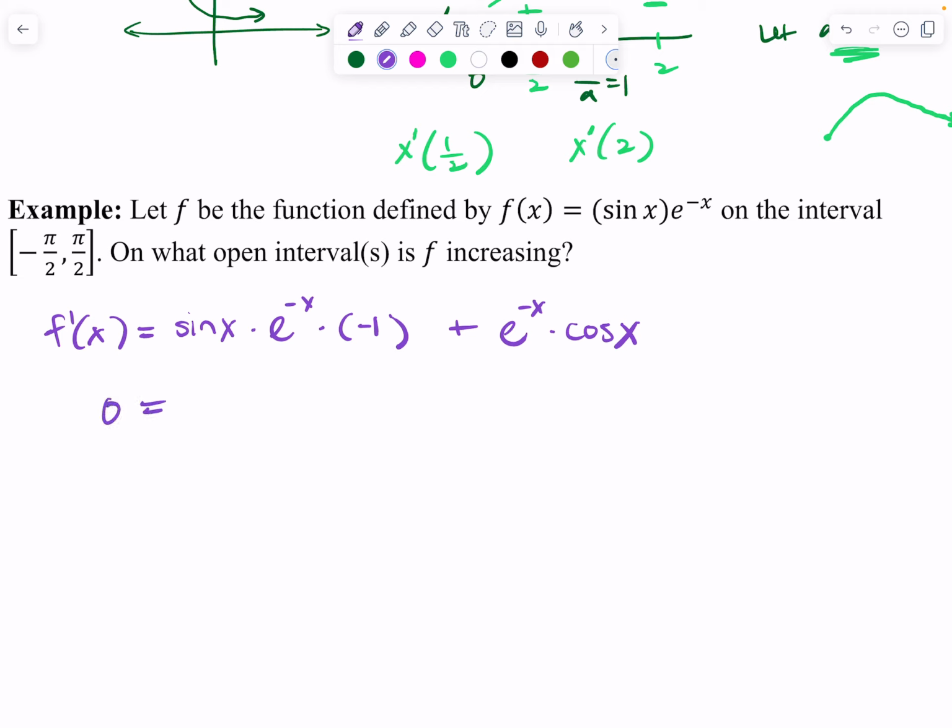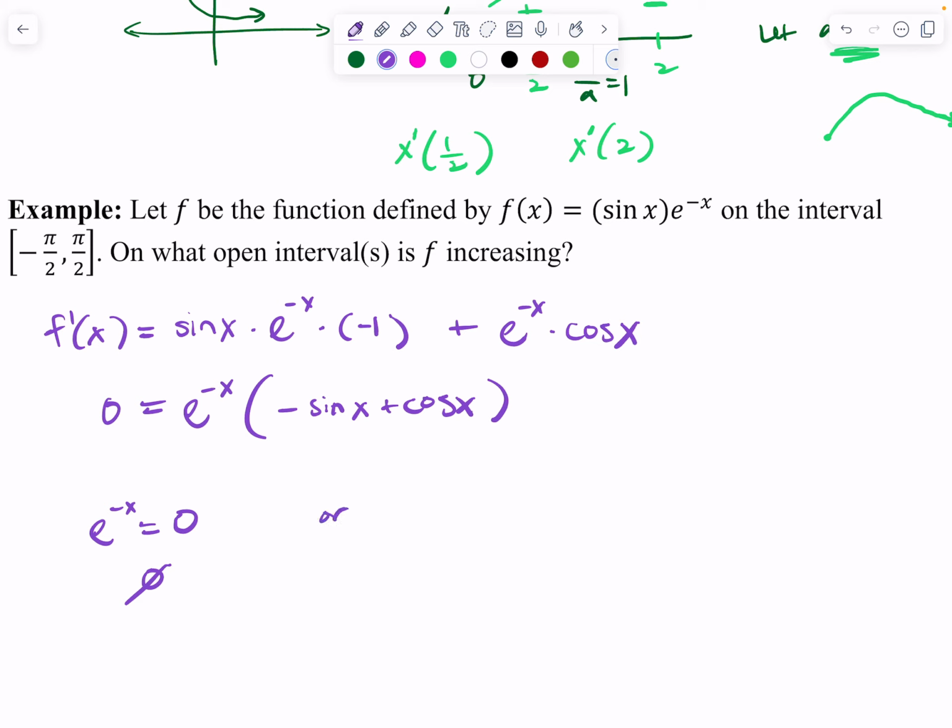Because f prime would change signs whenever f prime is 0 or undefined. In this case, we're only looking for where f prime is 0 because f prime is continuous. So factoring out e to the negative x, we would have negative sine of x plus cosine of x. No solution to the equation e to the negative x equals 0.